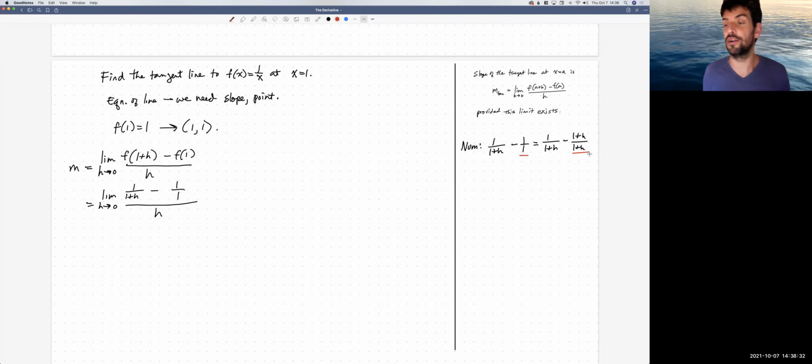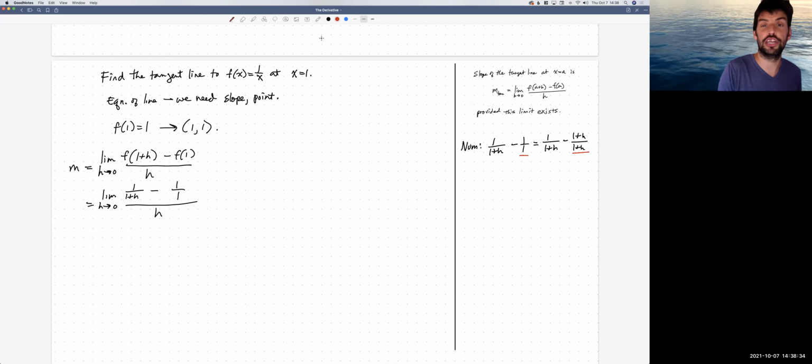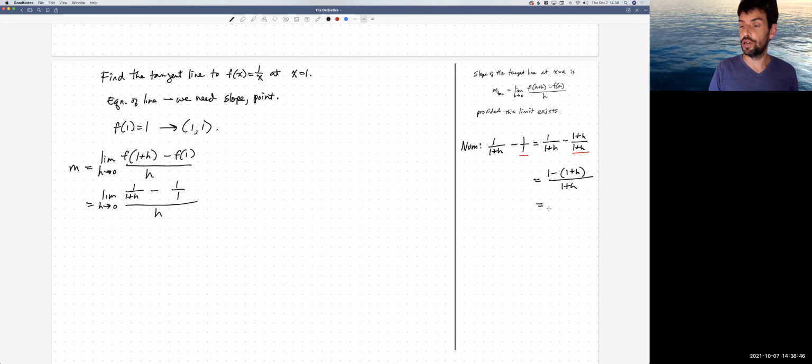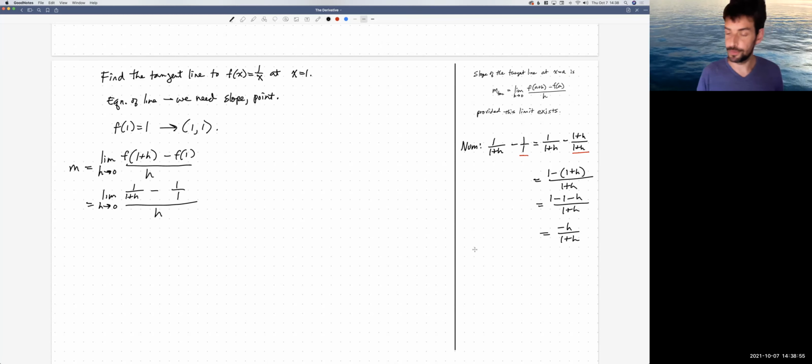This and this are both equal to 1. So I've changed nothing by just writing it in a different format. But now I have a common denominator. So I have 1 minus (1 plus h) over 1 plus h. The 1 minus 1 is a 0, and I've got negative h over 1 plus h.